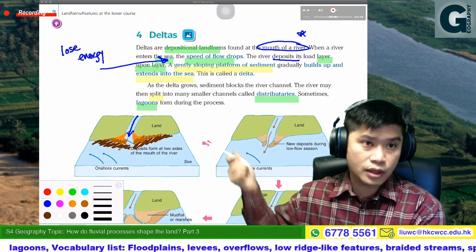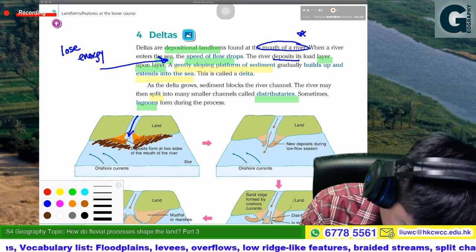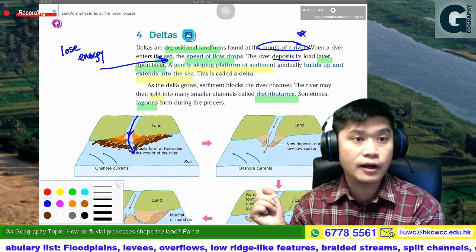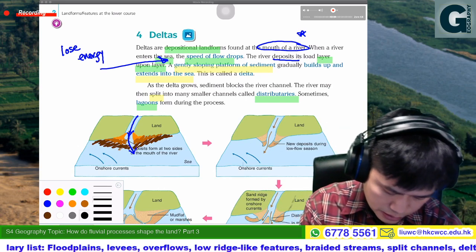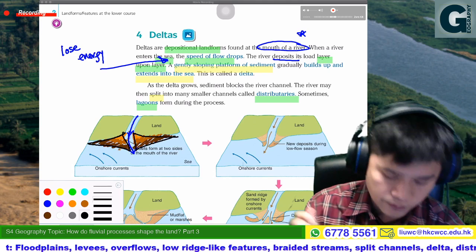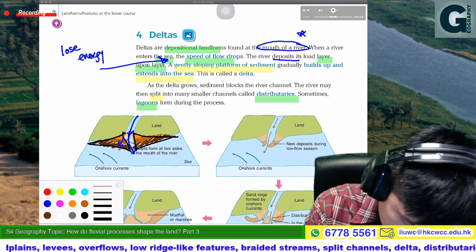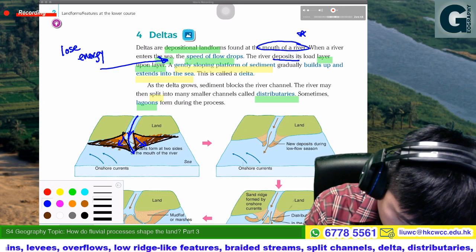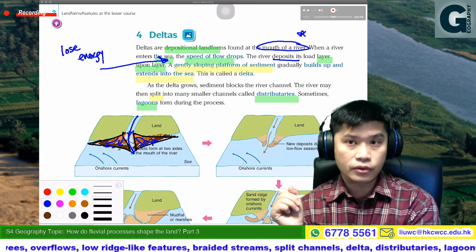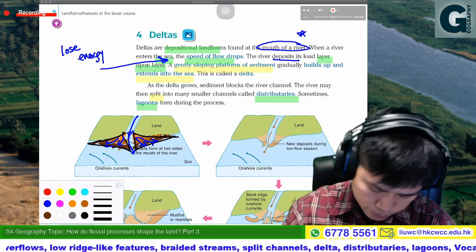You may have a look at this figure. Originally the river flows this way, but since new land is formed here, these tributaries may flow on the land. Okay, so this is what we call these tributaries.